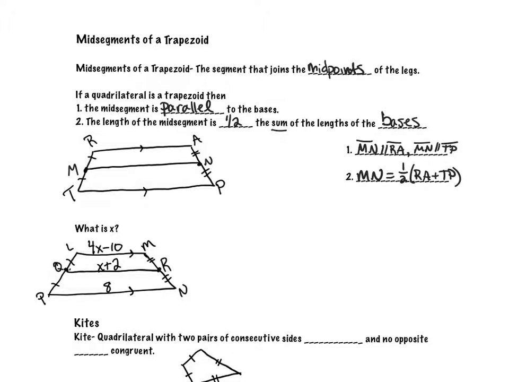Just to refresh, MN is the mid segment, and RA and TP are the bases. I'm going to use that general form of my general trapezoid to write an equation if I have to look at a problem for that.